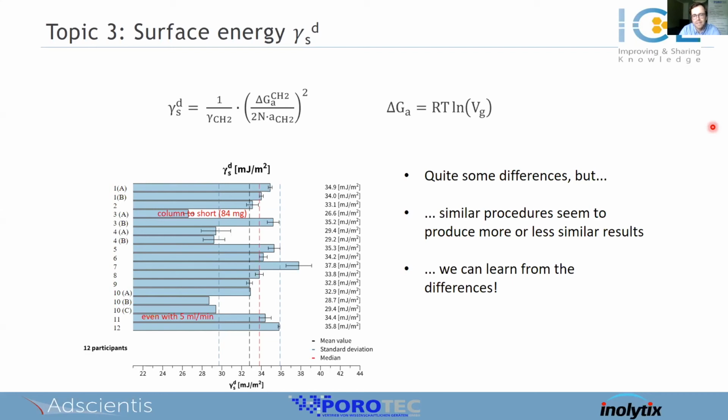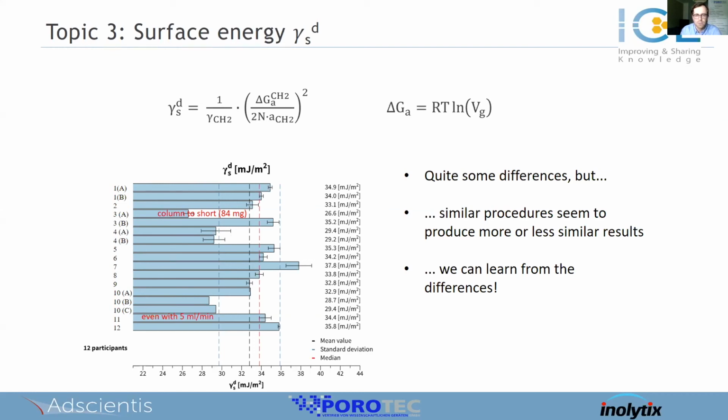And also the dead time can influence our results of dispersive component of surface energy. 1 second difference in the dead time, for example, can have an influence of up to 2 millijoule per square meter. So we see that this can have an influence and needs further investigations.